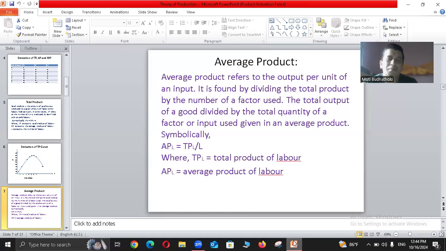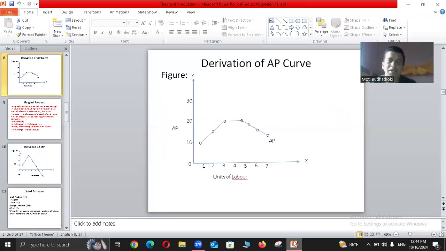If we divide the total product by the number of labor, we get average product, and we can derive the average product curve like this. Derivation of average product curve.